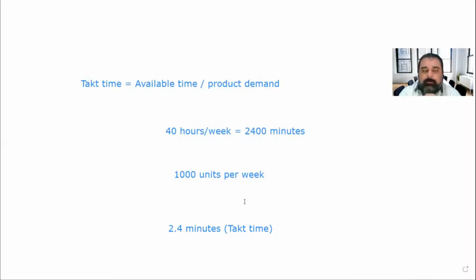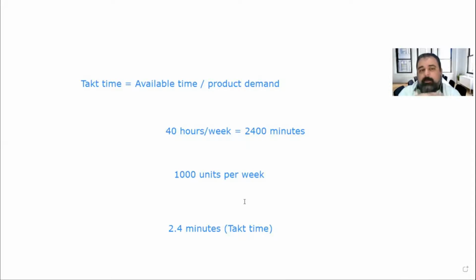It helps us calculate the necessary labor, resources, workstations, benches, tools, and machinery to achieve the production level that we need to meet market demand.